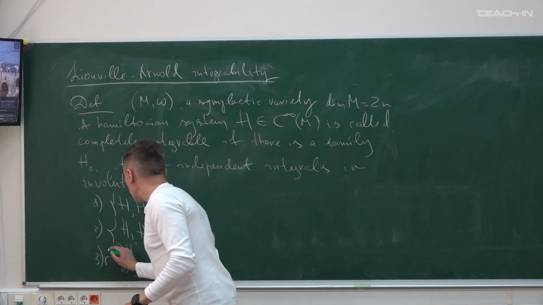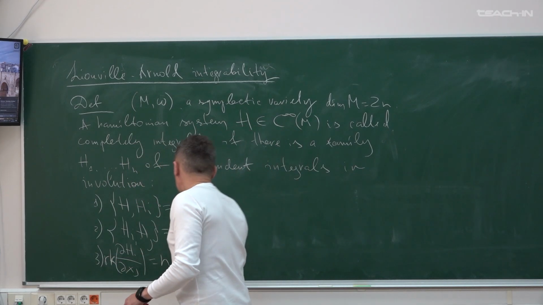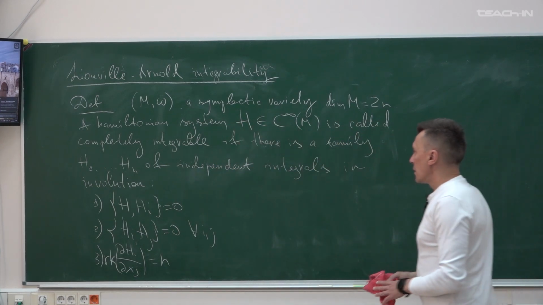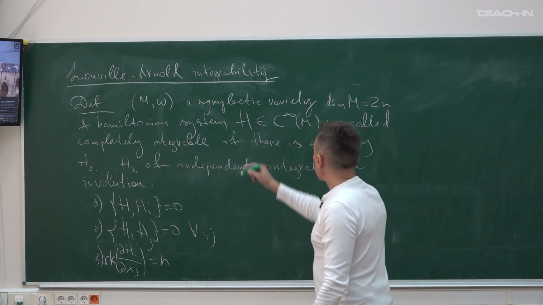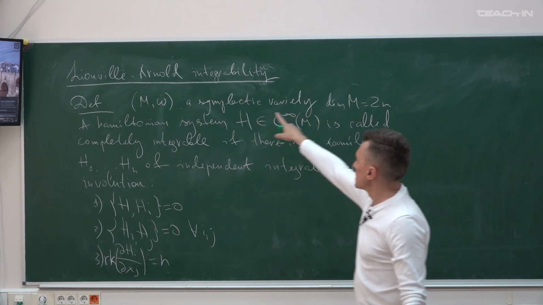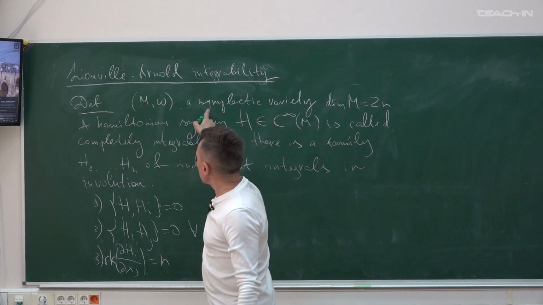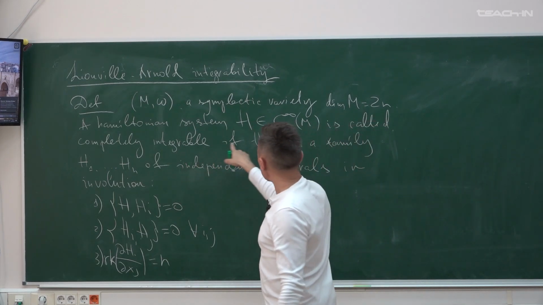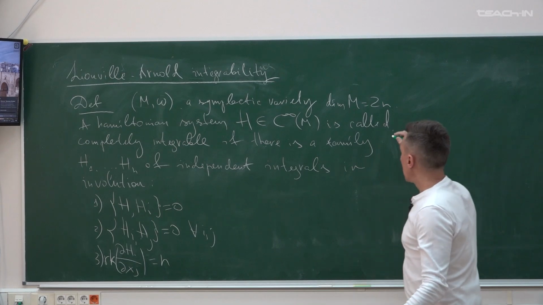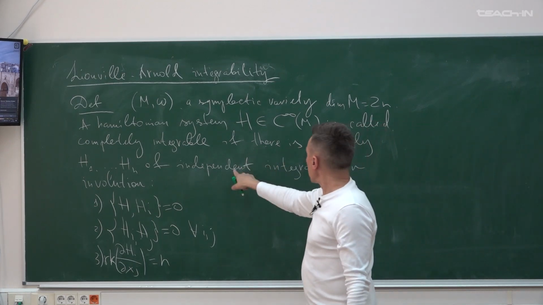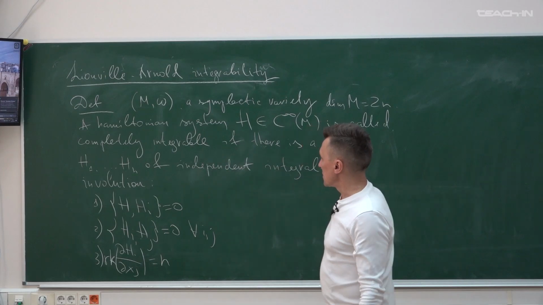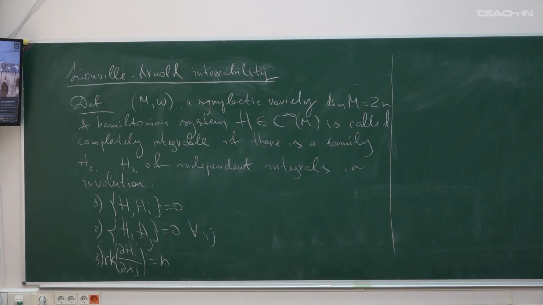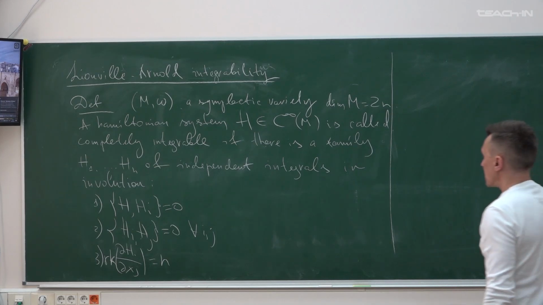But we need that the rank of this matrix is n. So this means the independence of these functions. So on this symplectic variety, a Hamiltonian system defined by a function h is called completely integrable if there is a family of independent integrals in involution for such a system. Okay, so this set of conditions will be important for us for the following reason.